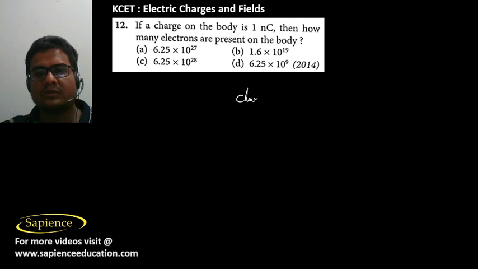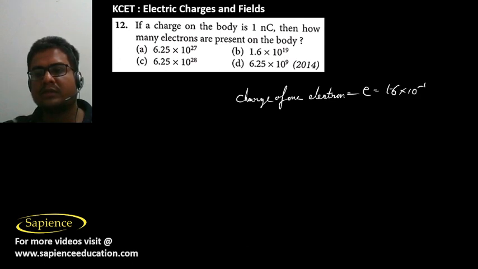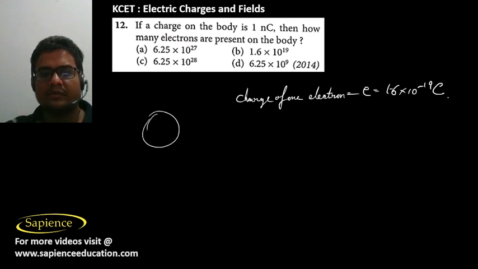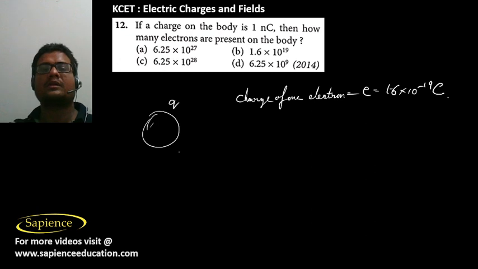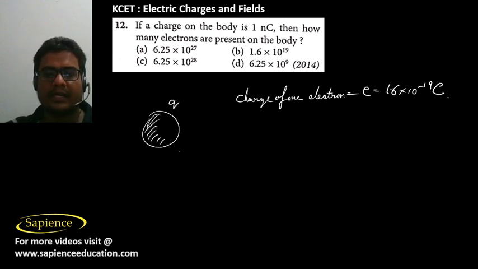Charge of one electron, that is 10 power minus 19. So if Q is the net charge on a body, then suppose n number of electrons, Q will be equal to n times the charge of e.